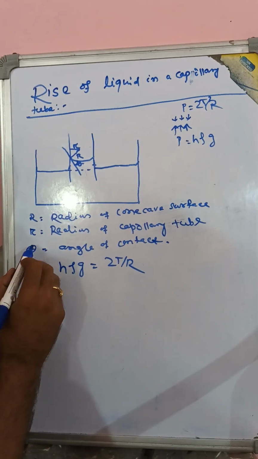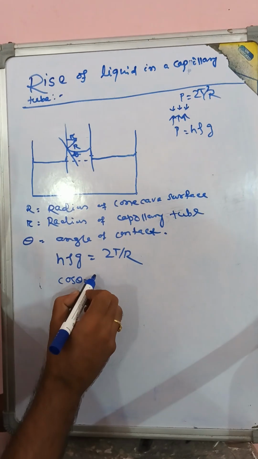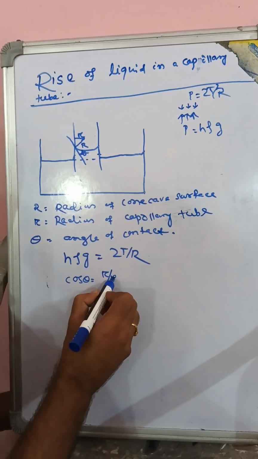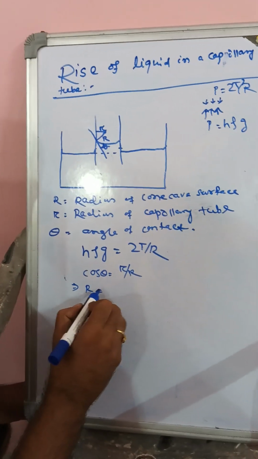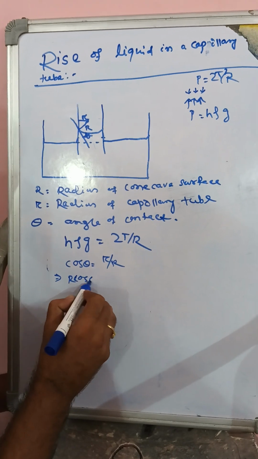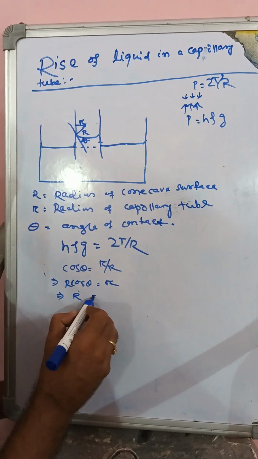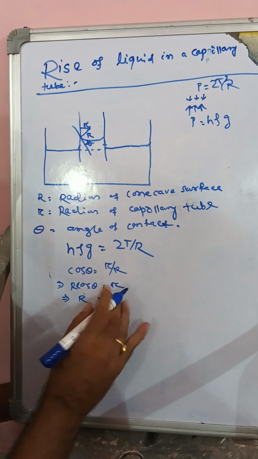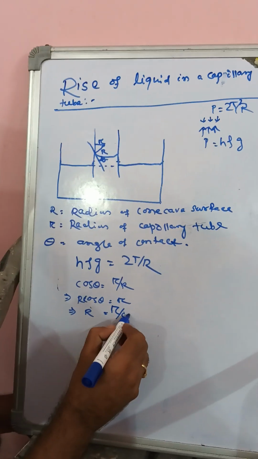Then cos theta is equal to r by R. This implies that R cos theta is equal to r, so R is equal to r by cos theta.